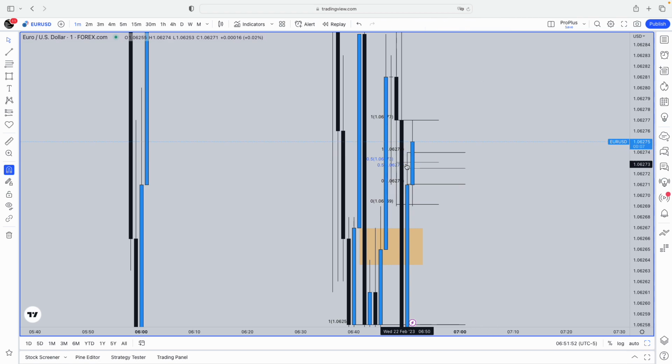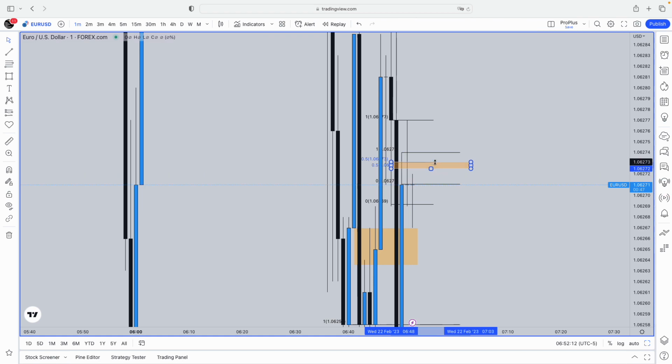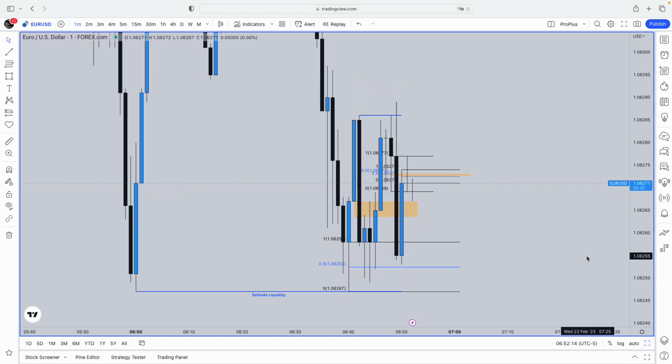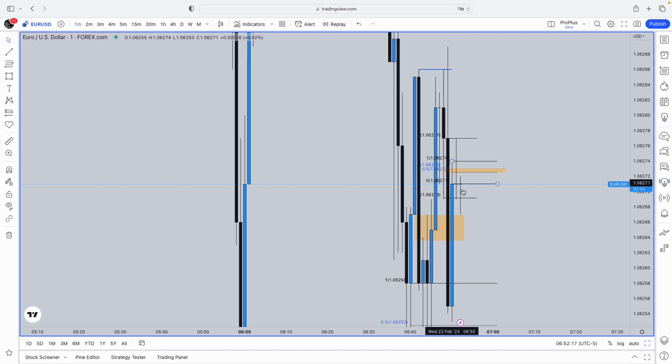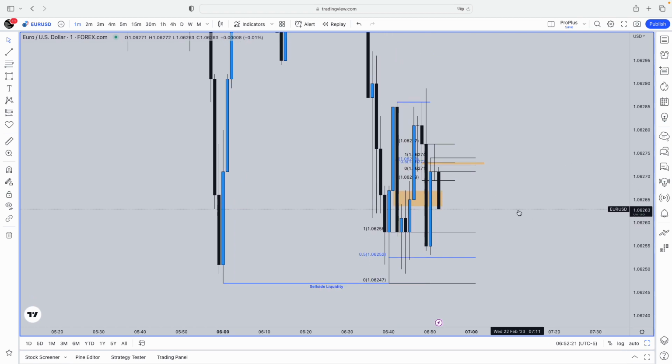So if there's a wick and overlap the wick, and you don't think it's a fair value gap, but it could be a fair value gap. So you get the consequent encroachment of that wick, consequent encroachment of that wick, and there could potentially be a fair value gap. So price hasn't closed above that.